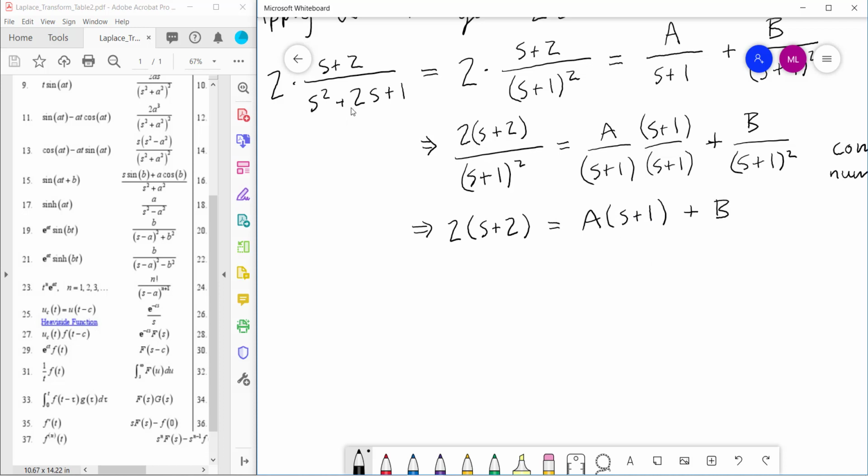But in the case where you've got repeated roots, right, we only have one convenient value of s to plug in, s equals -1, but it happened to be a repeated root, so we don't necessarily have a second value right off the top of our heads that's going to make life easier. On the other hand, we could compare the values of basically all the things that are proportional to s, all the things that are proportional to s to the 0th power, so constants.